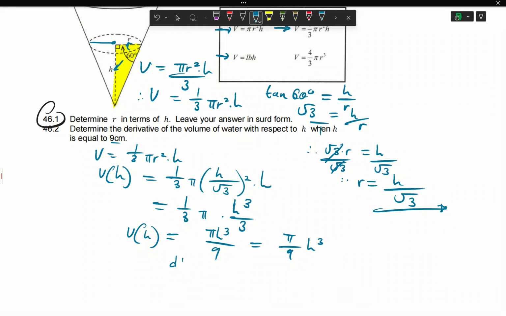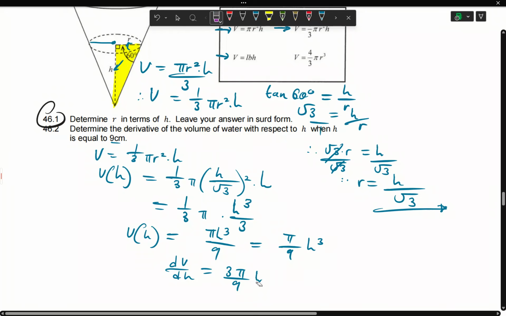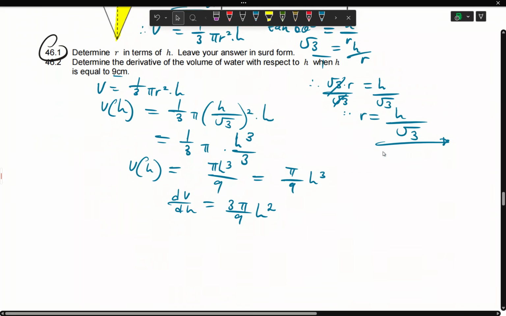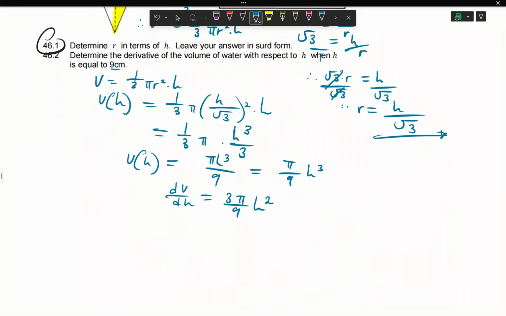So the derivative of the volume with respect to h is going to be, use the power rule. The exponent multiplies the base. So you'll have 3 pi all over 9, with the exponent reduced by 1. Erase this, so you'll have h squared. So now let me see, 3.